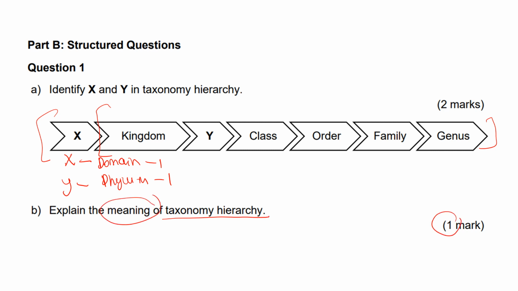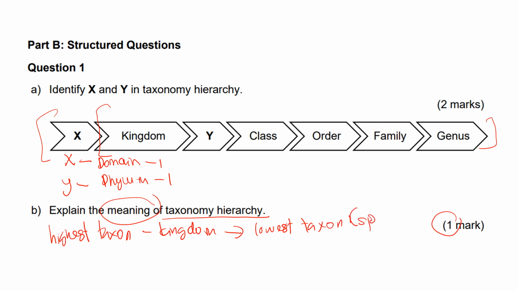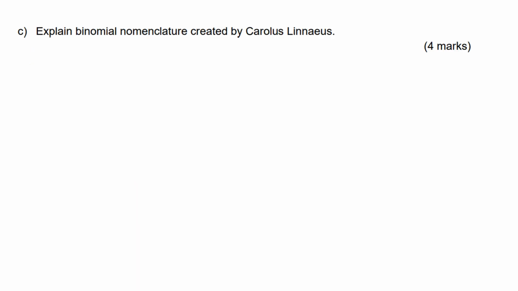So taxonomic hierarchy is organizing organisms, or organisms are arranged in a hierarchy, starting from the highest taxon, which is kingdom, to the lowest taxon, which is species. The highest is kingdom and the lowest is species.